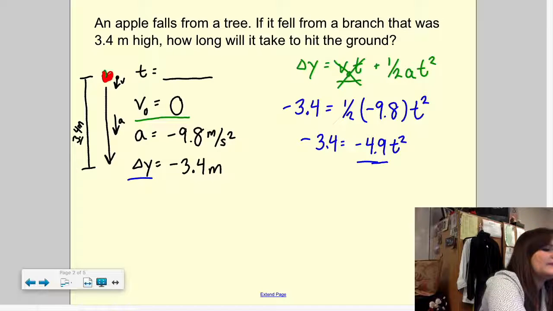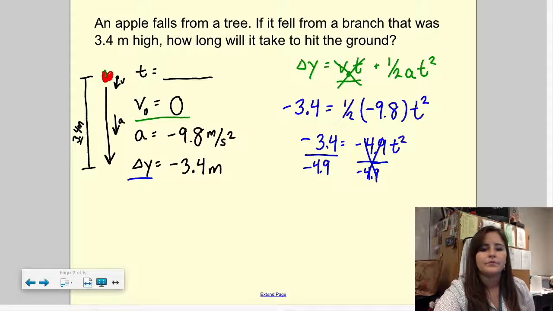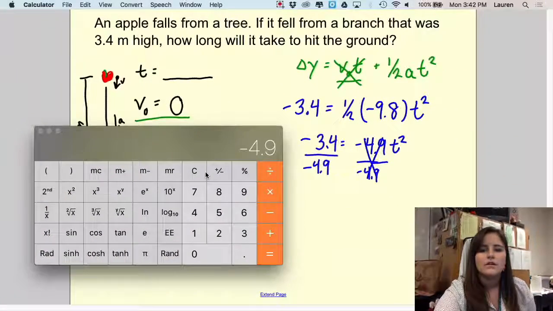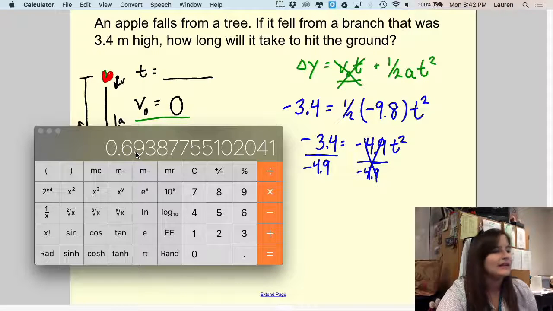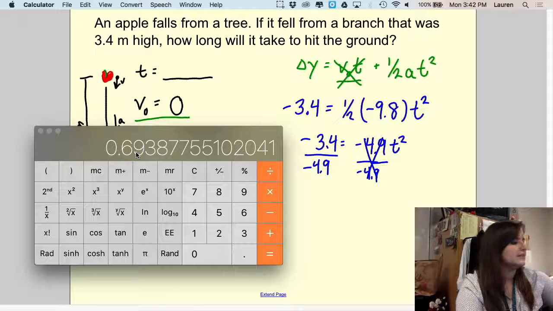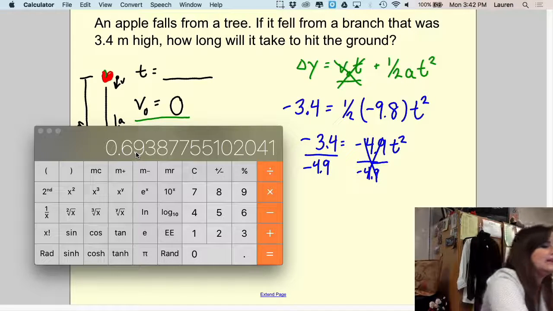To get the t squared by itself, divide by negative 4.9. That cancels out. So we have negative 3.4 divided by negative 4.9 equals 0.69. Okay, so 0.693, we'll just leave it at 0.69.